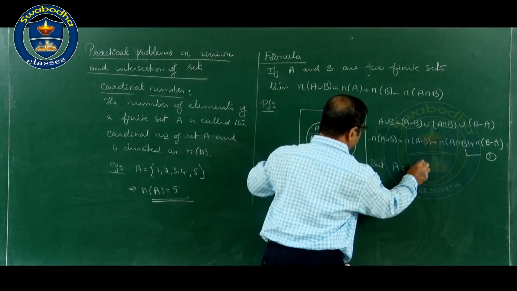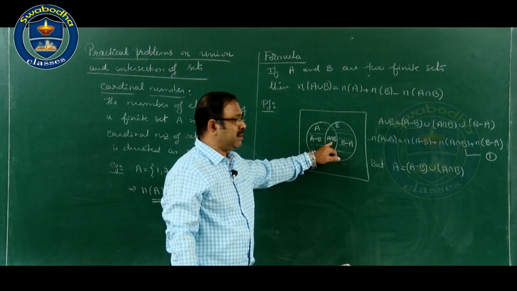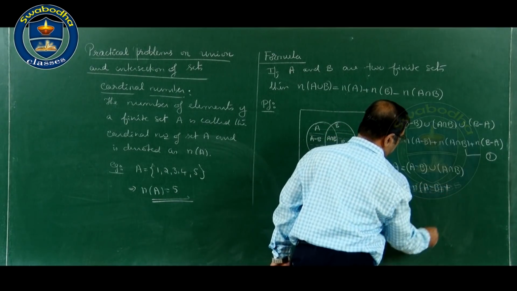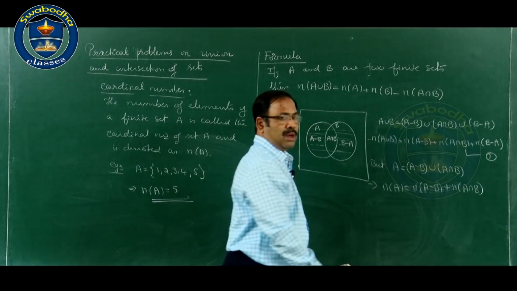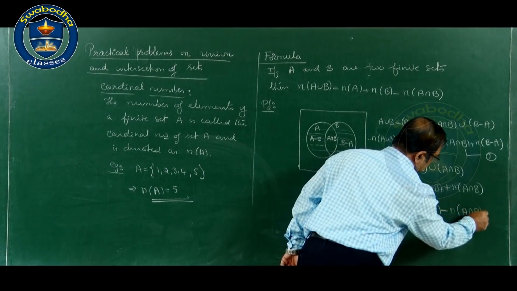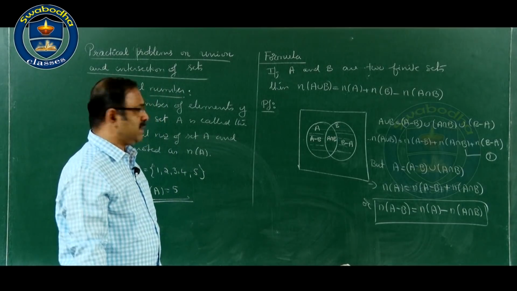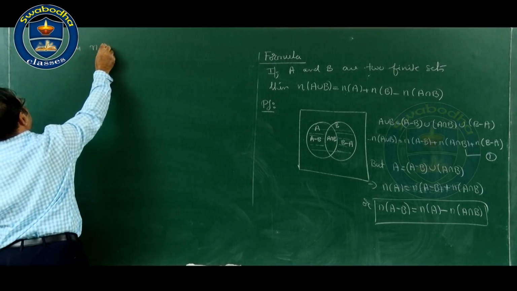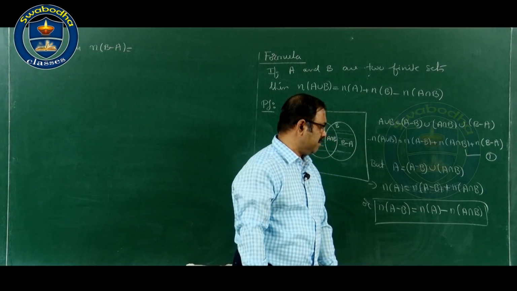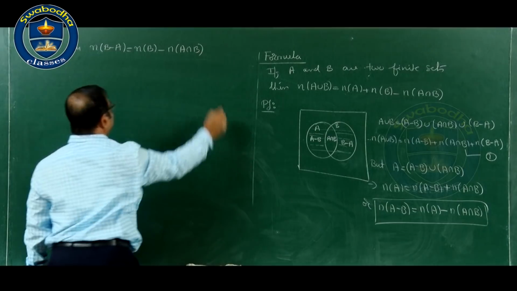Set A is A minus B union A intersection B. That is, n of A is equal to n of A minus B plus n of A intersection B, or n of A minus B is equal to n of A minus n of A intersection B. Similarly, n of B minus A is n of B minus n of A intersection B.